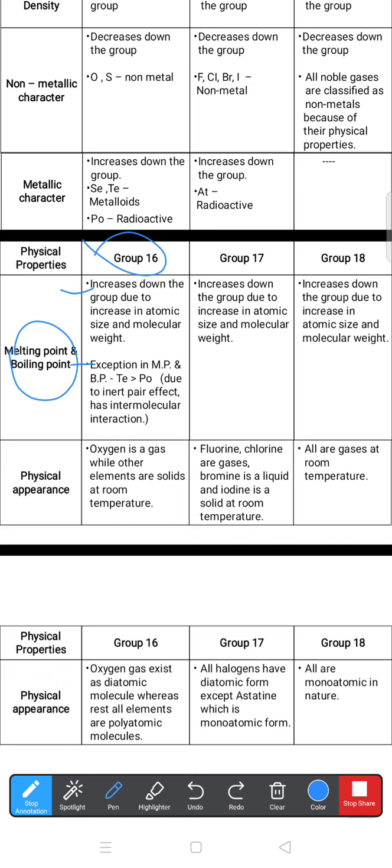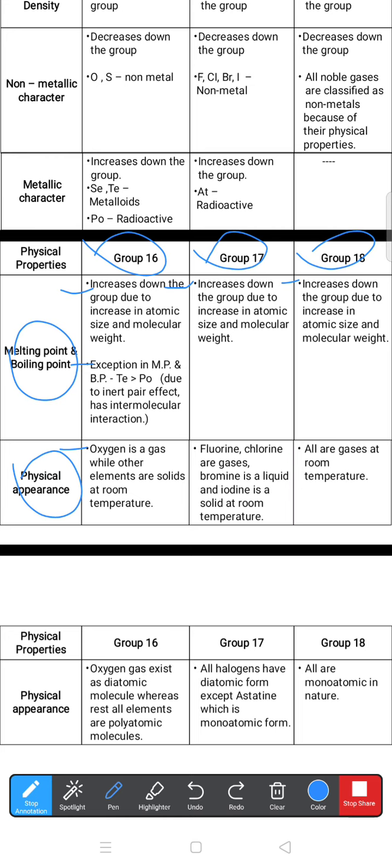In case of group 17, it increases down the group due to increase in atomic size and molecular weight. While in case of group 18, it also increases down the group due to increase in atomic size and molecular weight. Later on, physical appearance, meaning how it looks. Oxygen is a gas while other elements are solids at room temperature.